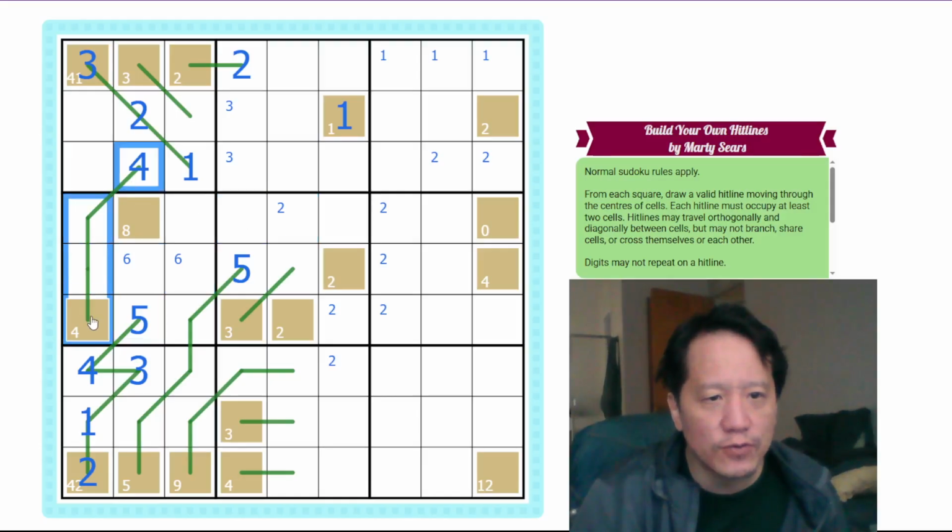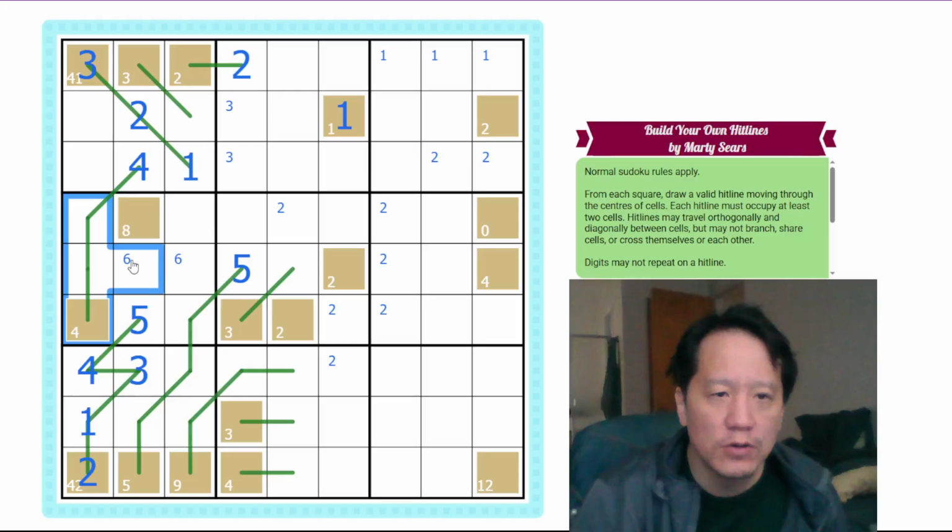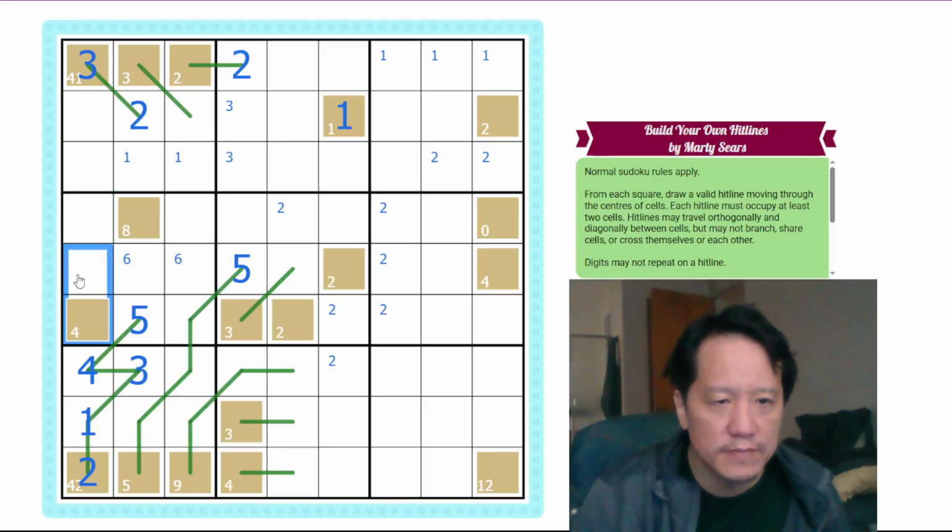This needs a 4. Oh, it could go back here. Okay, it has to do something like that then. I guess it just has to be out. So 1, 2, 3, 4 could work. Or 1, 2, 3.